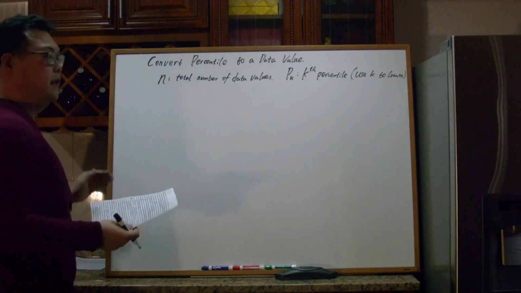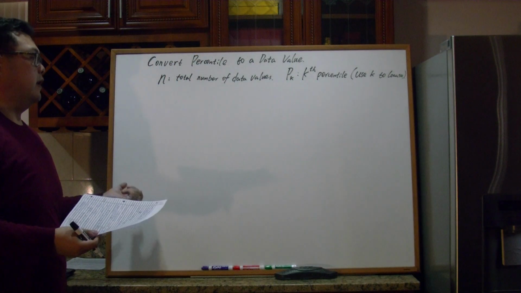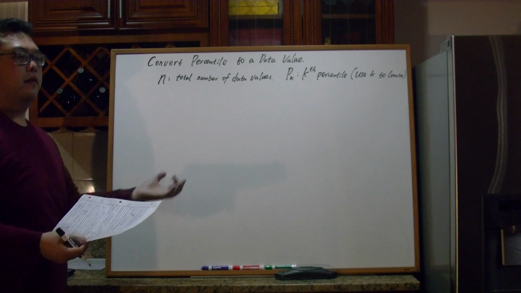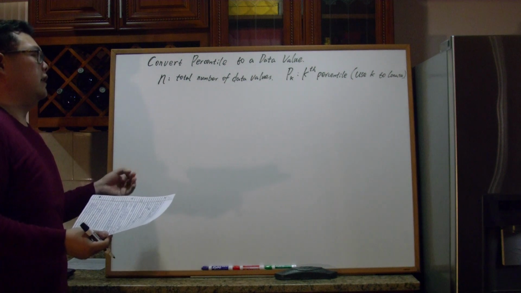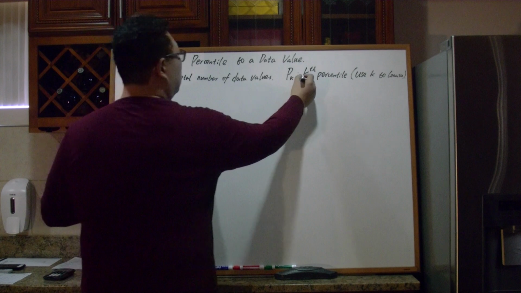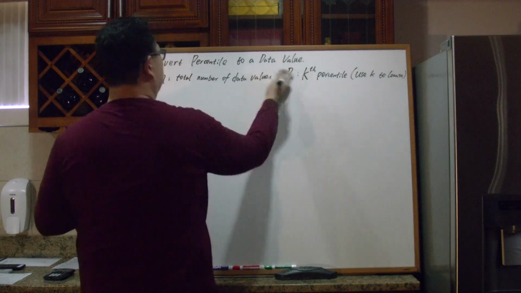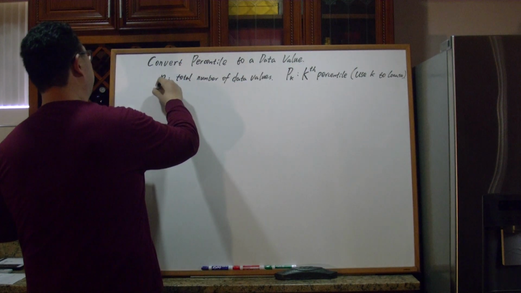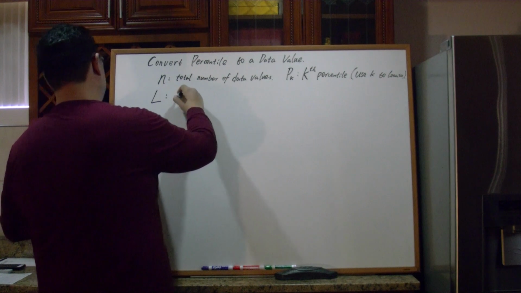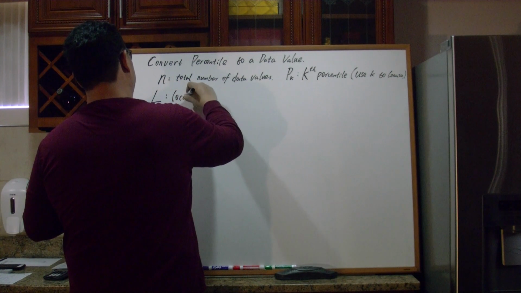Right, when we arrange the data, we're able to count it: where the first one, second one, third one of the data set is. Then what we are doing is converting the percentile to the location of the data. We need to use the locator. L is the locator.